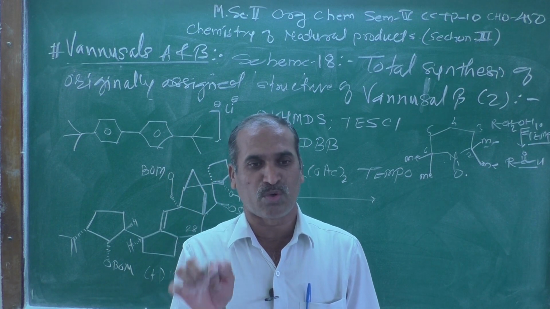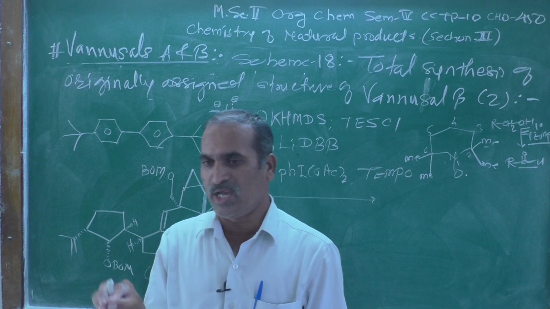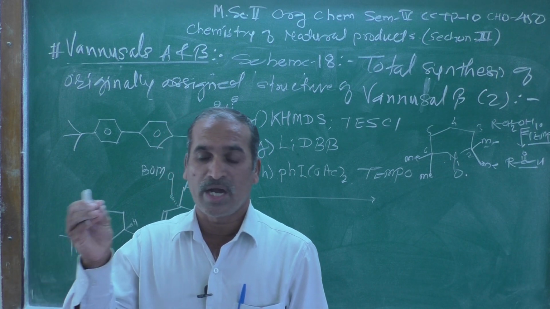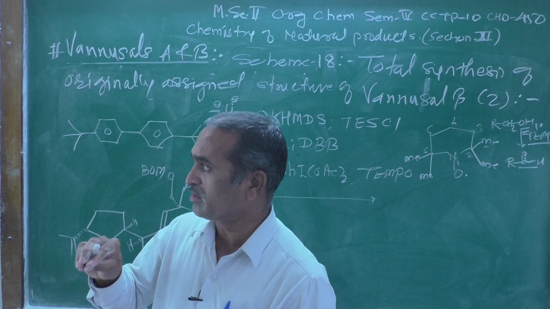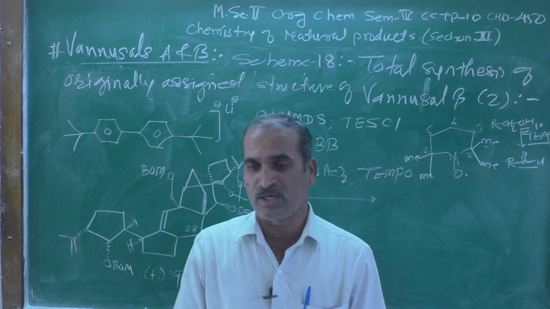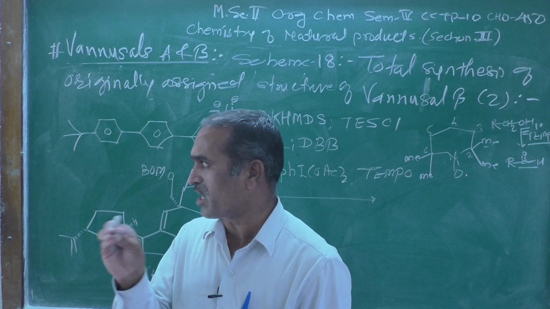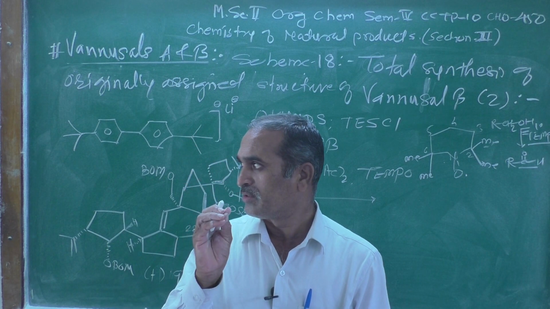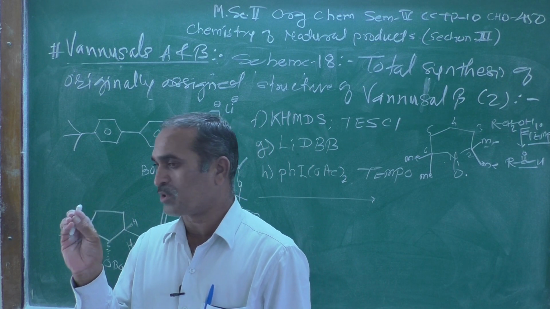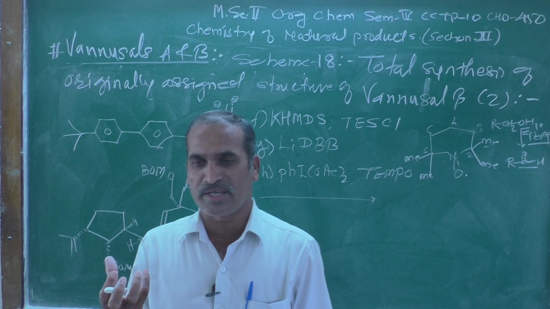PCC means pyridinium chlorochromate, a very good reagent for the conversion of primary alcohol to the aldehyde stage, because the aldehyde is very susceptible toward oxidizing reagents, such as potassium permanganate, K2Cr2O7, potassium dichromate, or CrO3, which are strong oxidizing reagents.